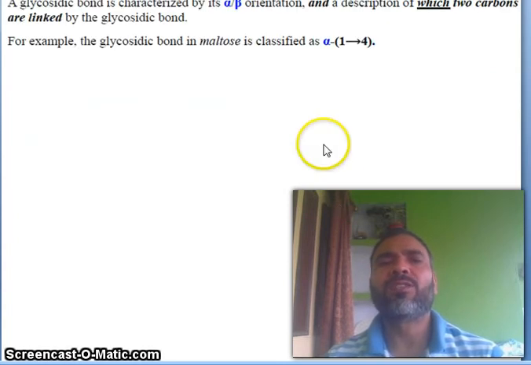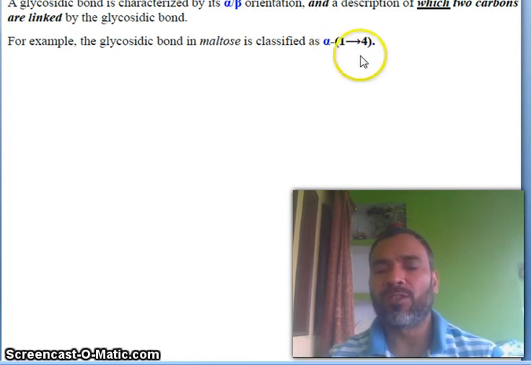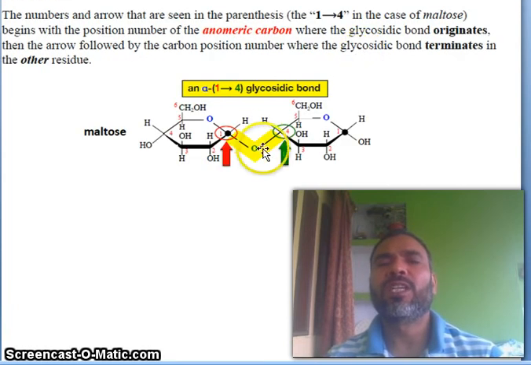Now the glycosidic bond is characterized by alpha and beta orientations, and a description of which 2 carbons are linked by the glycosidic bond. For example, the glycosidic bond in maltose is classified as 1,4. You see, this carbon and this carbon.